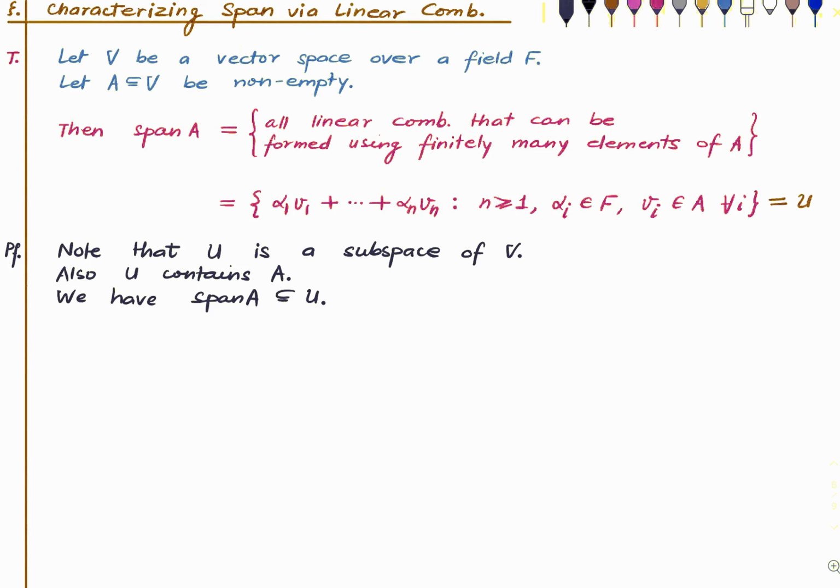Since subspaces are closed under taking linear combinations, any subspace that contains A will contain U. So any subspace that contains A also contains U, again because subspaces are closed under taking linear combinations.